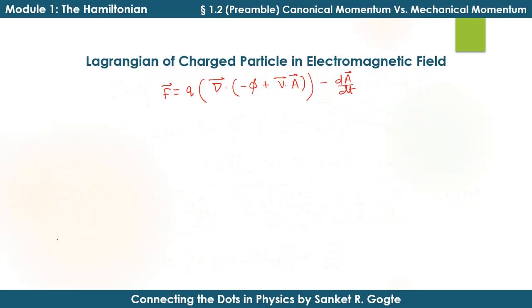Remember, why we are doing all this is because we want to find out the Lagrangian of a charged particle in an electromagnetic field. Here we have calculated the force which acts on a particle in an electromagnetic field, and we are considering a general case where electric field and magnetic field both are changing.